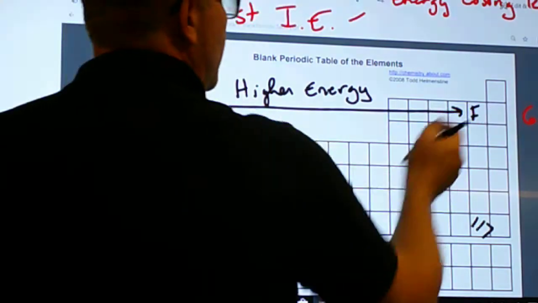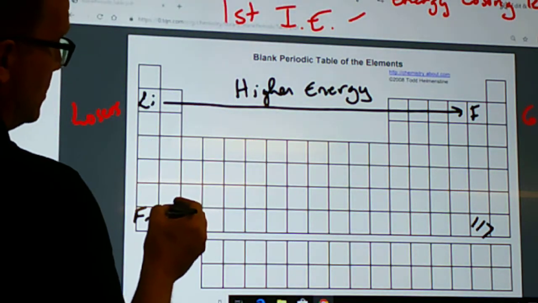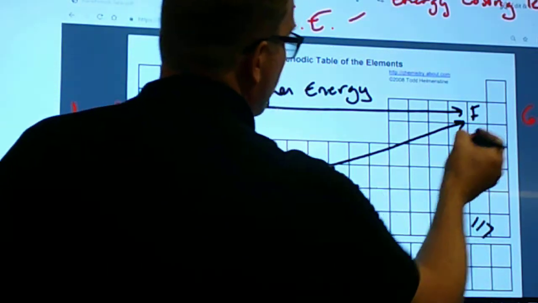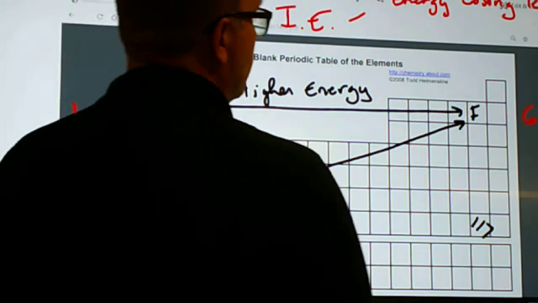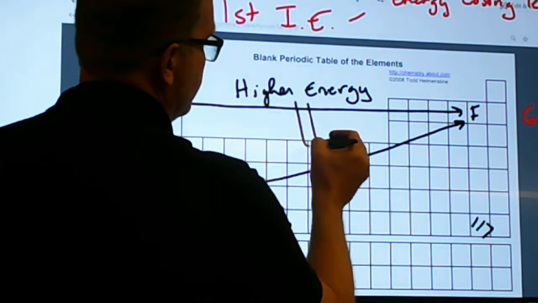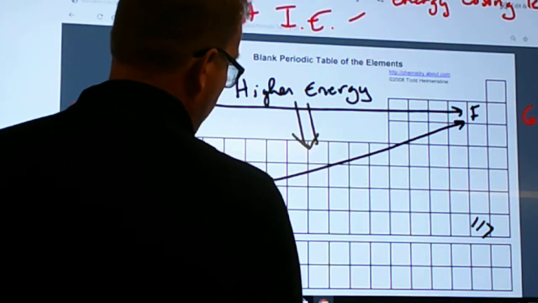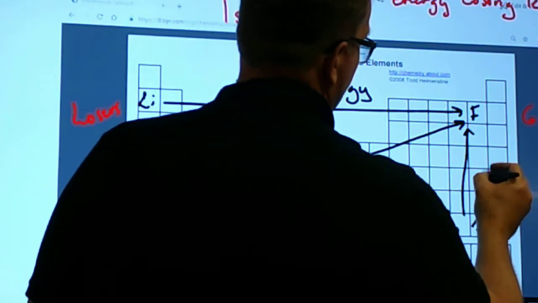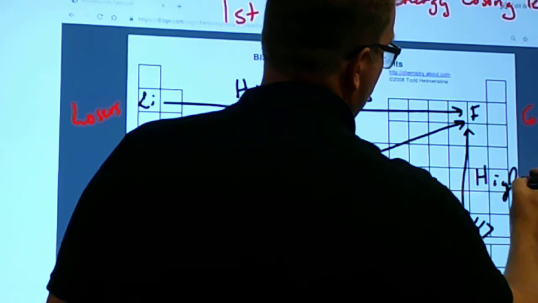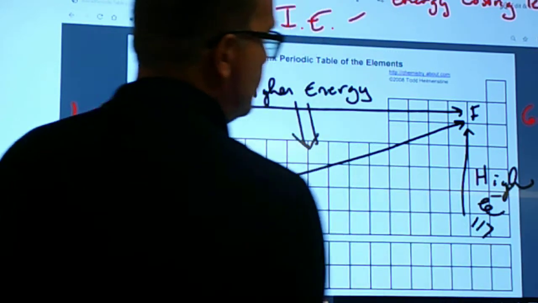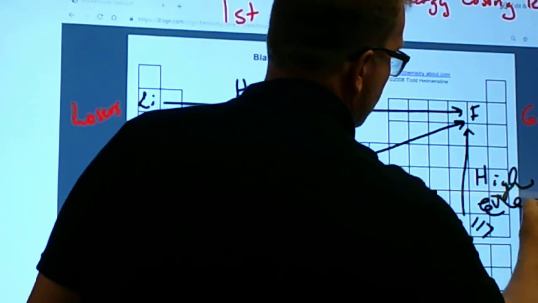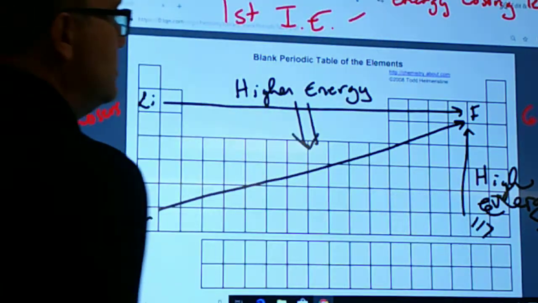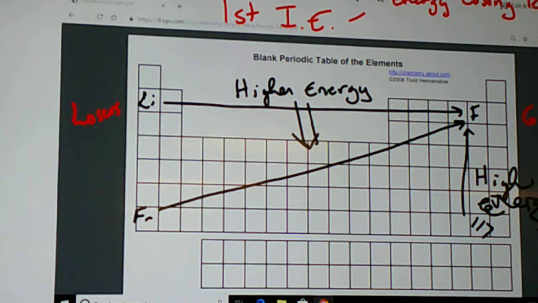Well, it's going to be here. This one to this one, same thing, higher energy. This one to this one, higher energy. Okay, that would be your first ionization energy.